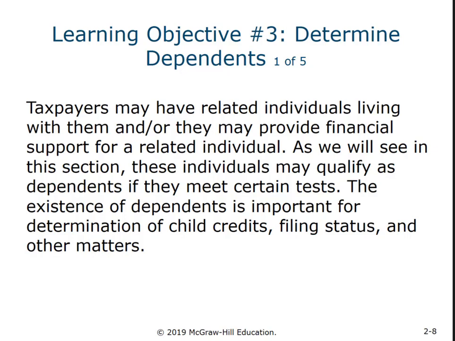But it's still important to understand who qualifies as a dependent, because it still is part of determining what credits you get, what your filing status is, as we saw for head of household and for qualifying widower. It determines filing status and other matters. So we'll get into the details about dependents in our next discussion.